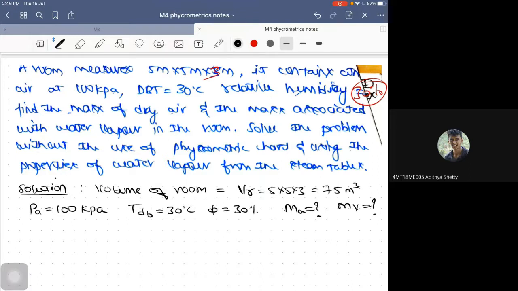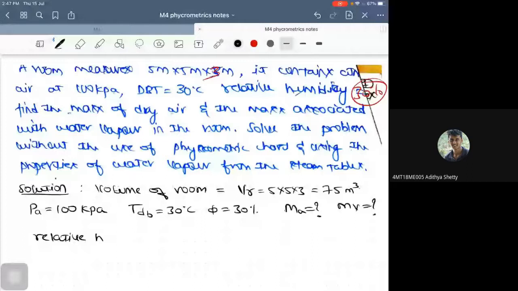Shall we start? Now, the parameter which is given here is relative humidity, that is PV divided by PVS. Now, what is PVS?